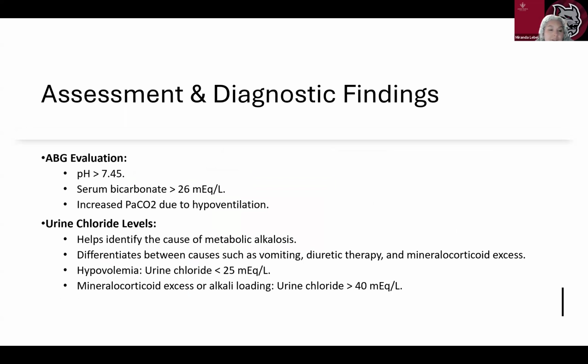It will help to identify the cause of the metabolic alkalosis, and it will differentiate between causes such as vomiting, diuretic therapy, and mineralocorticoid excess. If we have hypovolemia, our urine chloride is going to be less than 25. And if we have mineralocorticoid excess or alkali loading, our urine chloride is going to be greater than 40.